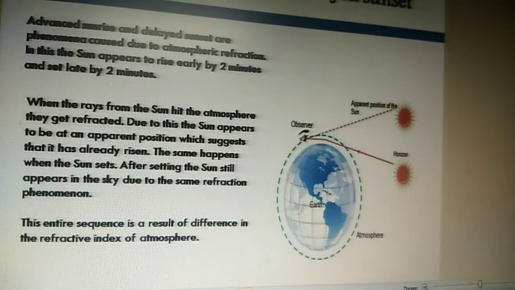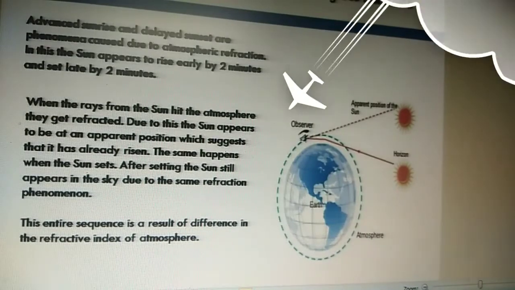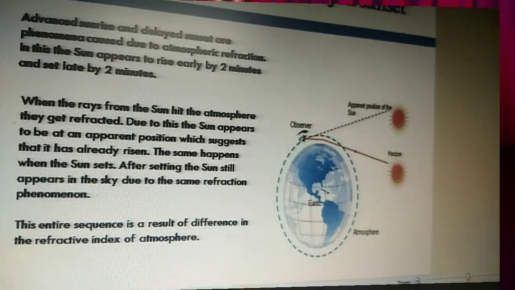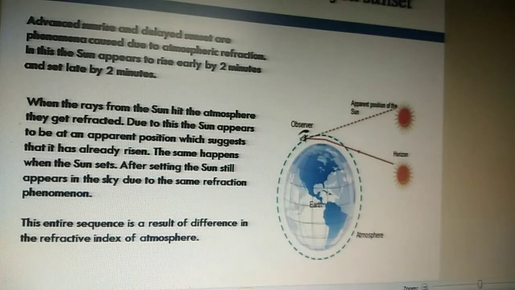When the sun is in the horizon region, the rays from the upper position of the sun and the lower position of the sun, when they are reaching us, undergo multiple refractions, and the sun appears in its apparent position rather than its actual position.